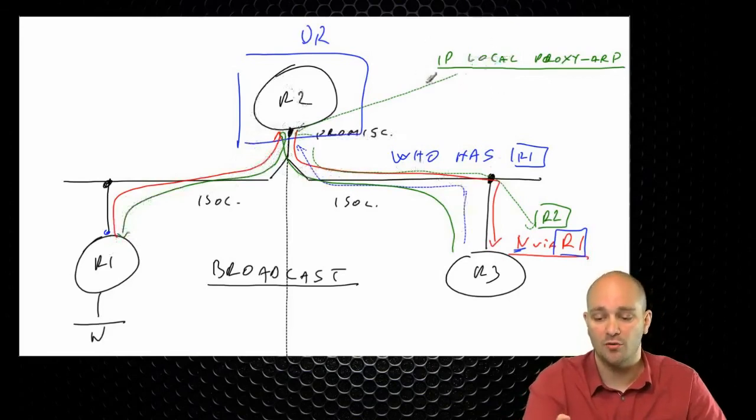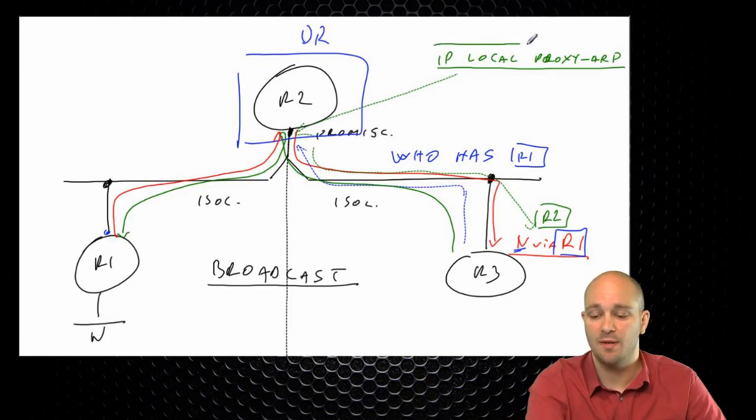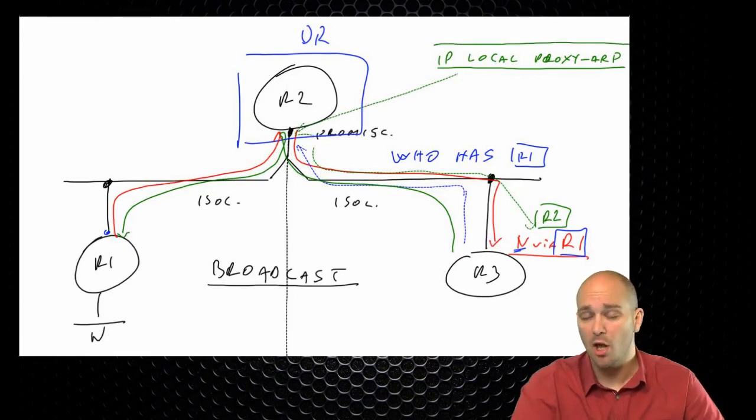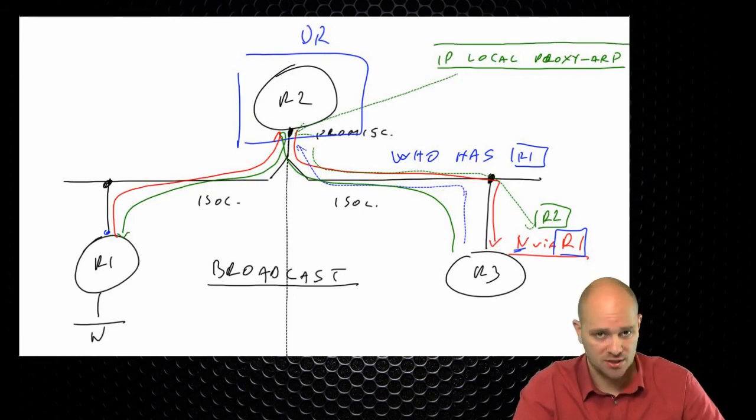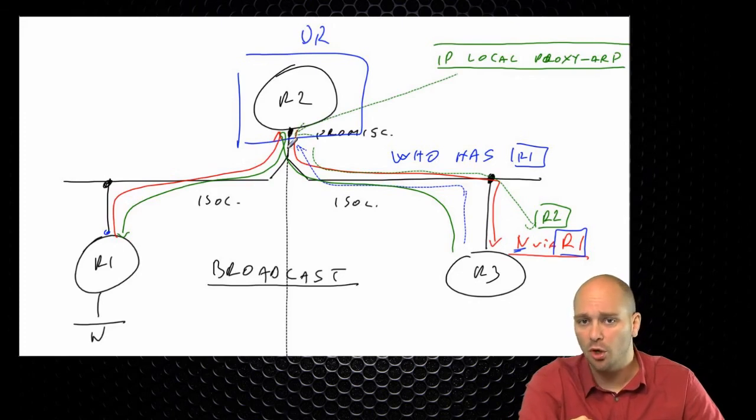We are working around the limitations of Ethernet. But remember, it's the IP local proxy ARP, not to be confused with the proxy ARP. Proxy ARP, if enabled on R2, would respond to ARP requests for anything except for the local segment. So all the questions that are dealing with the local segment, R2 will not answer if only proxy ARP was configured.